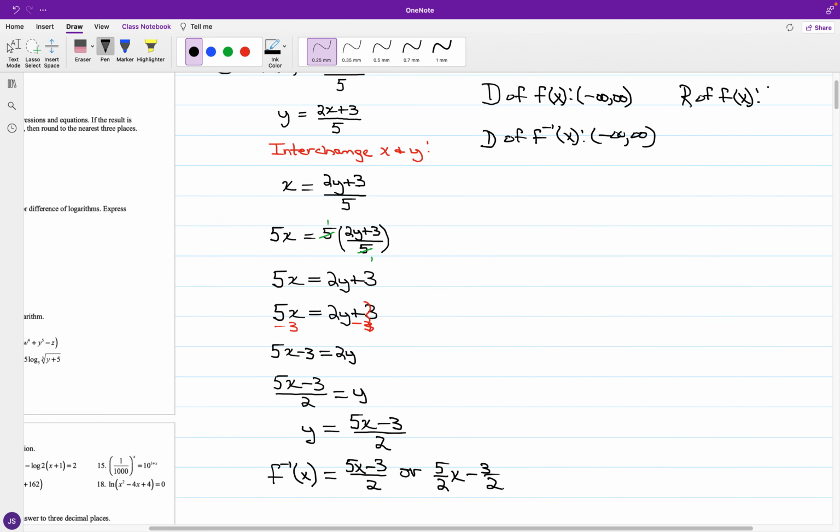Again, what we have in x in one will be for y in the other, and vice versa.